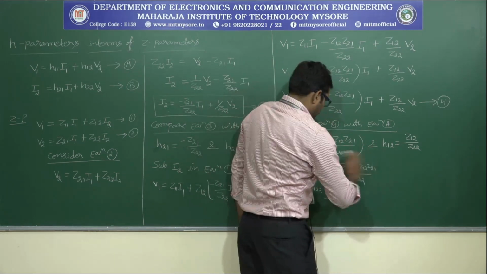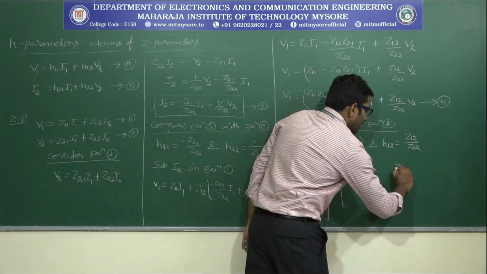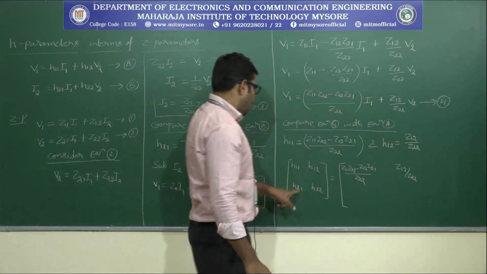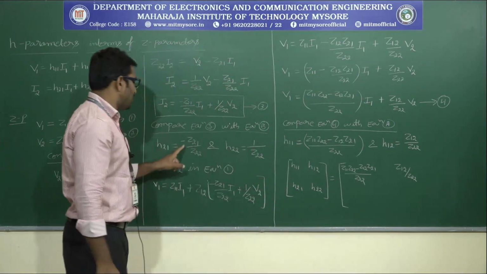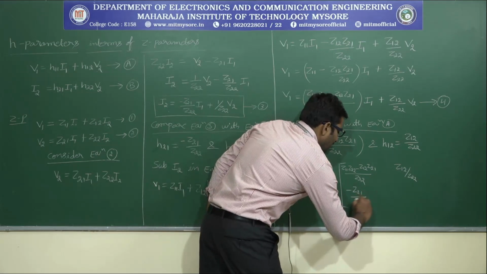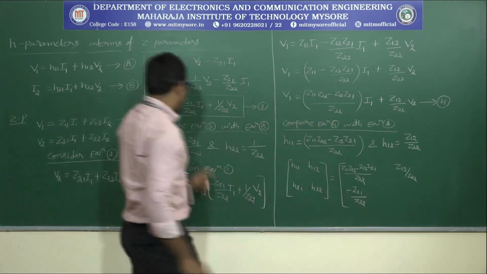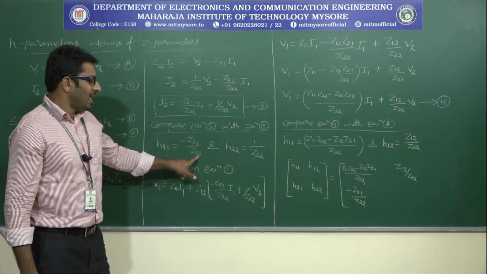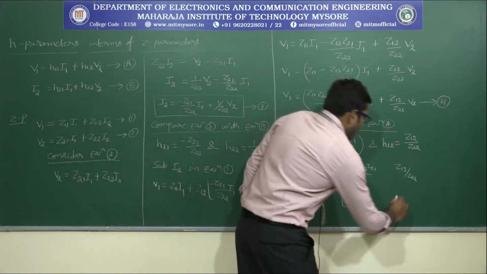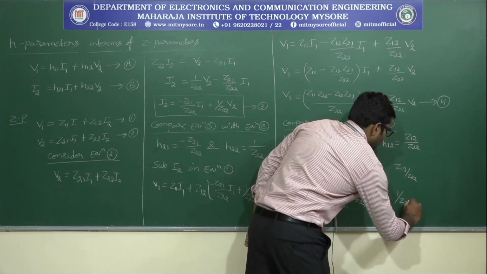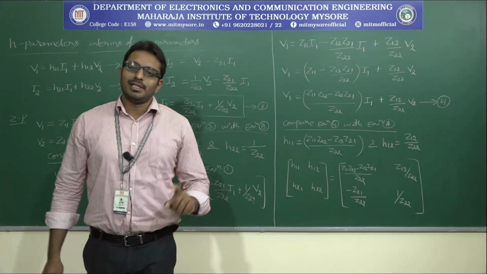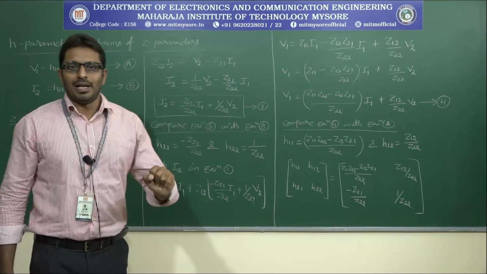H12 is equal to Z12 divided by Z22. Similarly, H21 is equal to minus Z21 divided by Z22. Last one, what is H22? 1 by Z22. So, this is how we can express H parameters in terms of Z parameters.